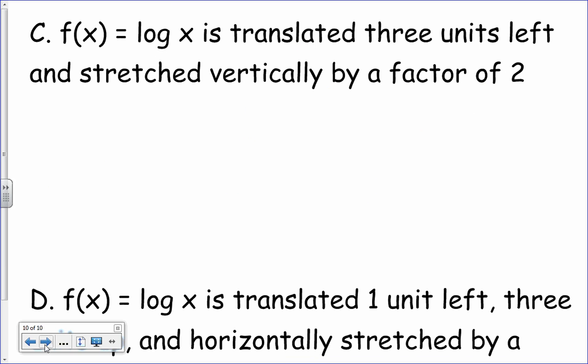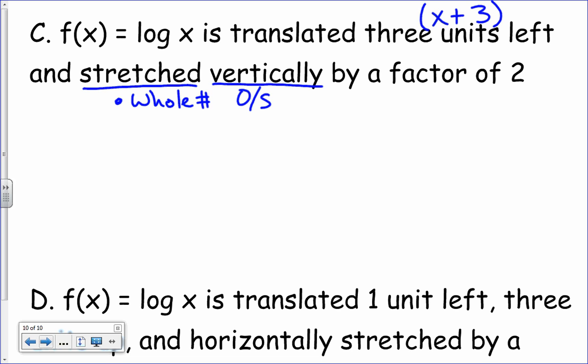All right, we look at C. It says log x is translated 3 units left. So just like the one before, x plus 3. It's got to go inside. It's got to be a plus. And stretched vertically. That's outside. That's multiplied by a whole number, because stretch is a whole number, by a factor of 2. There's my whole number.